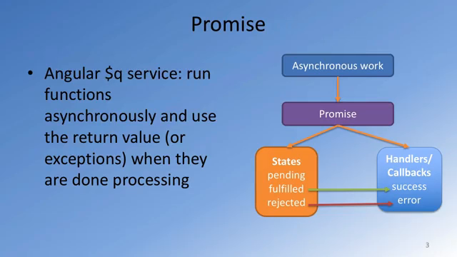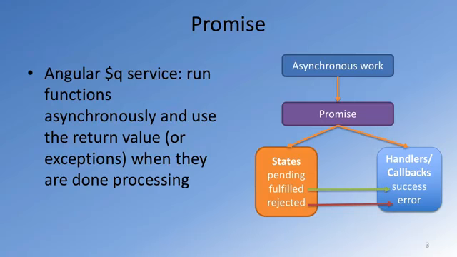So the promise object allows you to specify callbacks. These callbacks are specified as functions, typical JavaScript functions. So within these functions, you're going to let the promise know what it is supposed to do when the promise is returned.